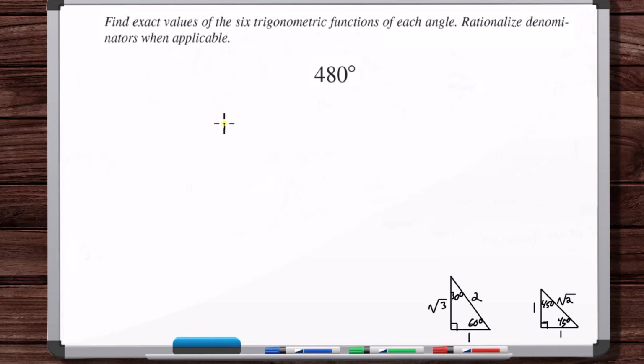Okay, 480. What is that coterminal with? So you do 360, and then to get to 480, you go 120. All right, so 120 is in the second quadrant, and that's 60 degrees less than 180. So we're like around here.